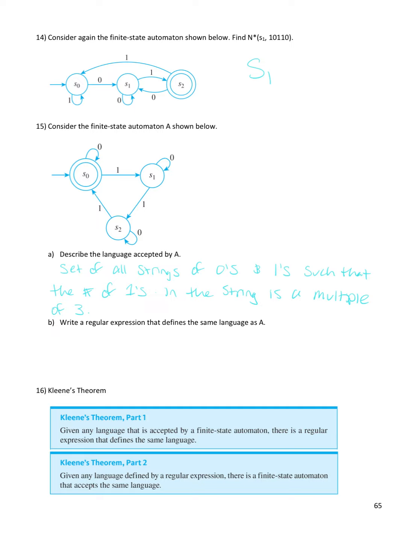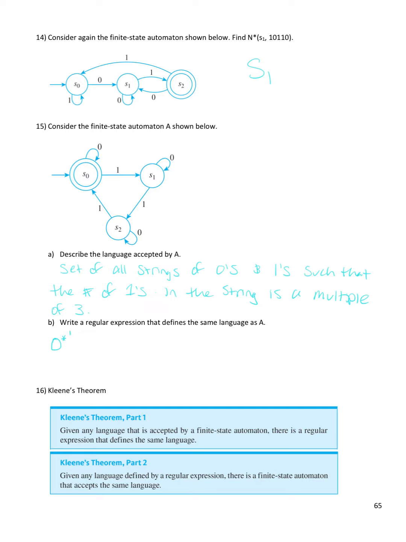So I can define a string of zeros of any finite length as 0 star. If you go back and read the definitions of a regular expression, if you do a string star, that means a finite number of concatenations of that string. Any finite number. All right, so that's one way I could land at the acceptance state, any number of zeros.